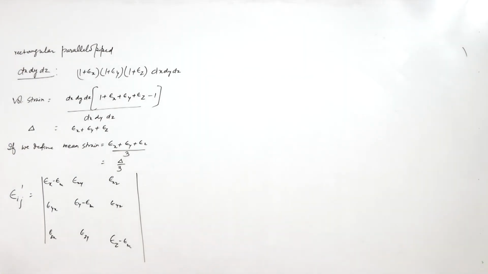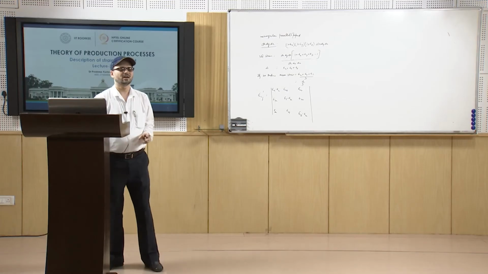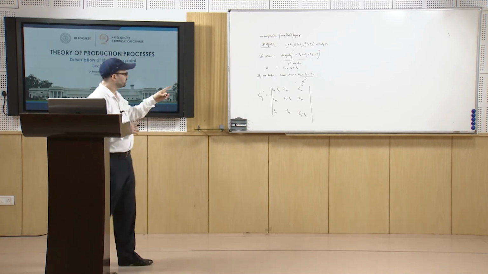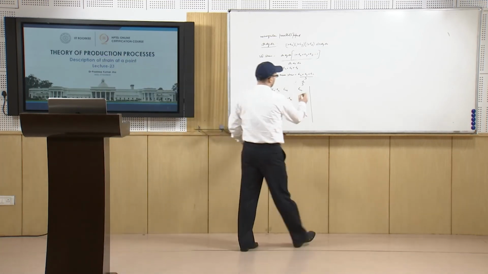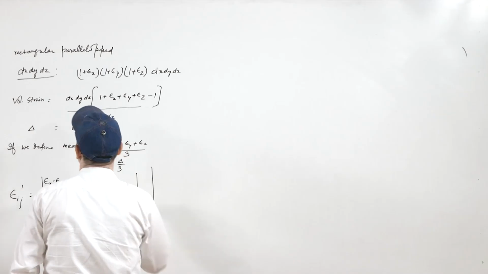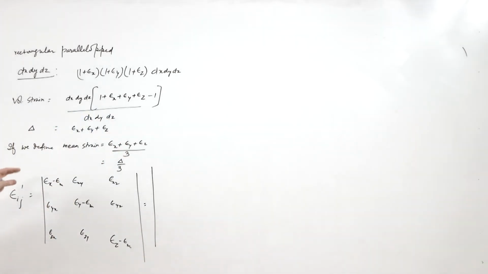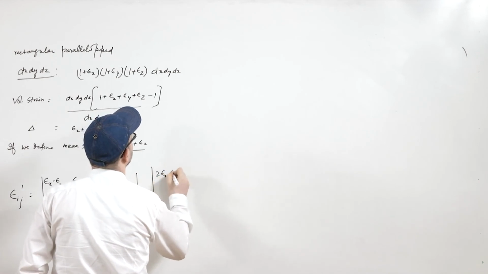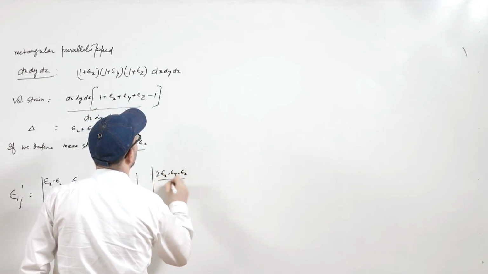This becomes the strain deviator. With the mean being epsilon x plus epsilon y plus epsilon z by 3, the first diagonal term becomes 2 times epsilon x minus epsilon y minus epsilon z, by 3.